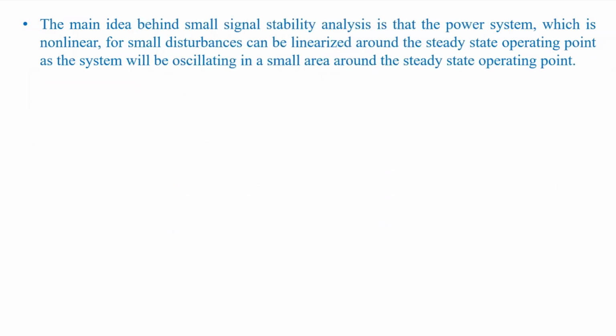So the main idea behind small signal stability analysis is that the power system, which is nonlinear, can be linearized around the steady state operating condition for small disturbances. Therefore, we need the initial conditions to analyze the system, as the system will be oscillating in a small area around the steady state operating point.